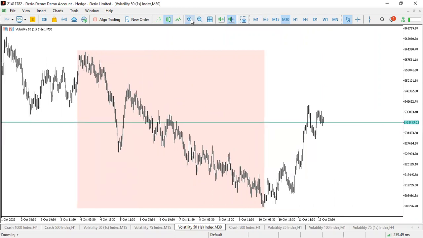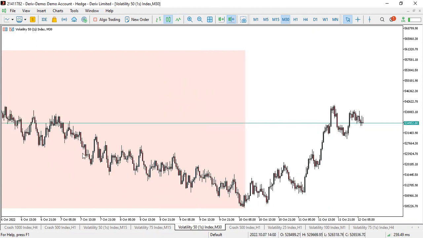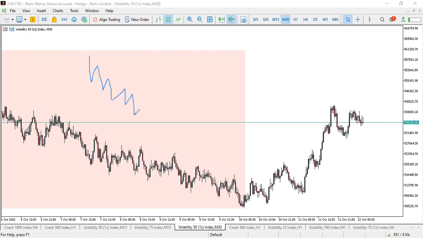So check. How do we see if this structure will get broken? Check this out. Order flow. For those who read my PDFs, I've sent them multiple setups or PDFs explaining this. I say the market will go down, but there is a level where the market will start consolidating.